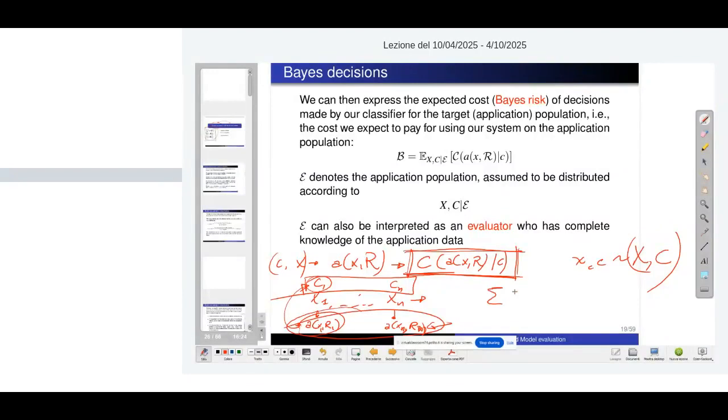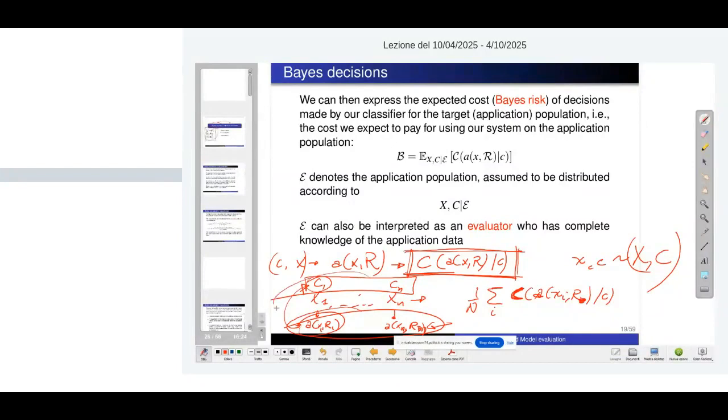So we can take the cost that the classifier made for classifying our samples, divided by the number of samples. This is the average cost that I would pay for the application data that I want to classify. Now, of course, the problem is that we don't have all this information.